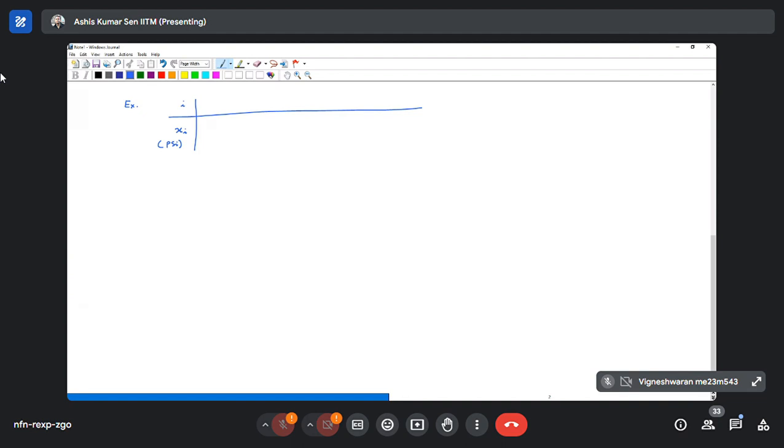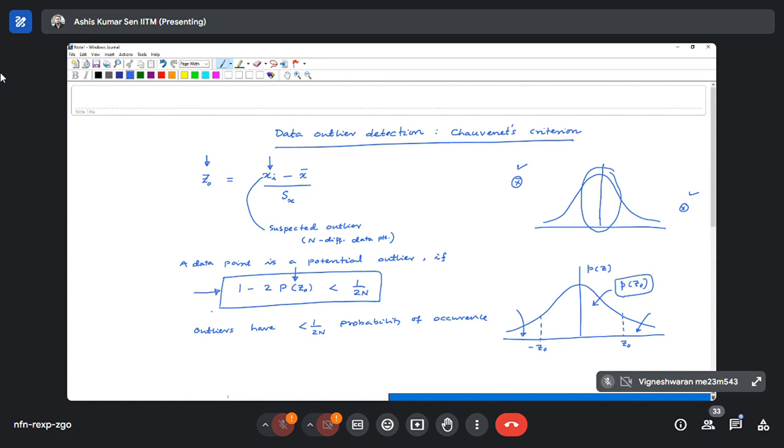See, whether a data point is an outlier or not, you basically have to decide at the end of the collection of the data. You take the entire data set and check for this condition here, for each and every data point.